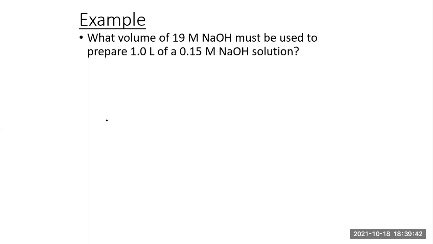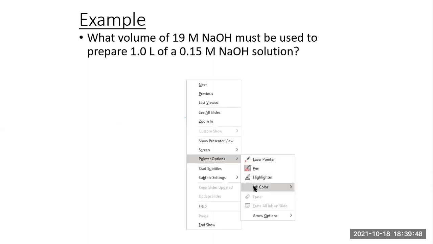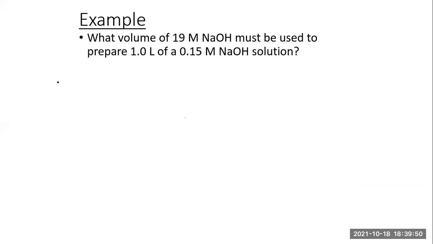So just so everybody can visualize what is happening here. Basically, you have 19 molar sodium hydroxide. That obviously is more concentrated. So we have this bottle sitting here of 19 molar sodium hydroxide.